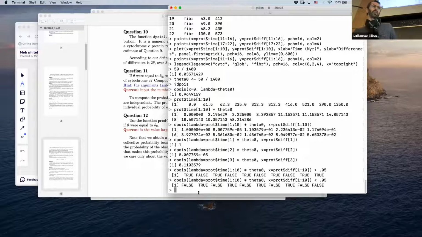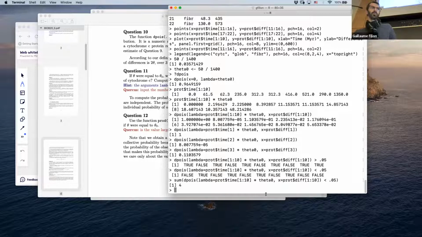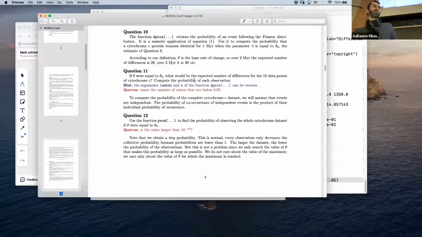And if I want to know how many of them are below, I can do it this way, just counting for the purpose of Quarkus here, irrelevant for understanding. There are four values, so you can either watch them like this or use the trick that I'm just showing now. But either way, just counting the numbers that are below 0.05 for the point of answering the question on Quarkus.